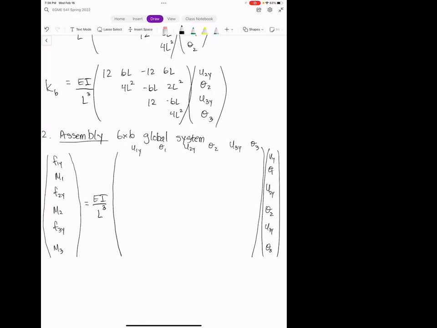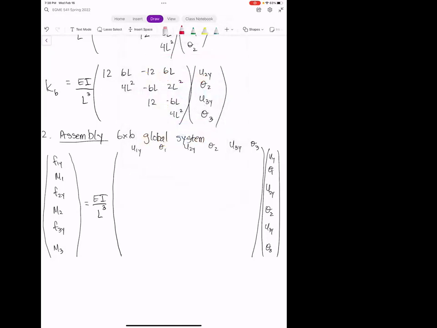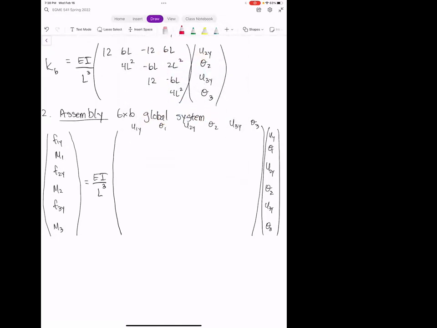Okay. So this is a fairly straightforward one. The 2 elements are just in series with each other. And so I'm going to go ahead and do this really quickly. I'm going to use this pink color here to denote element A. So this is nodes 1 and 2, and that's going to cover these 4 degrees of freedom here.